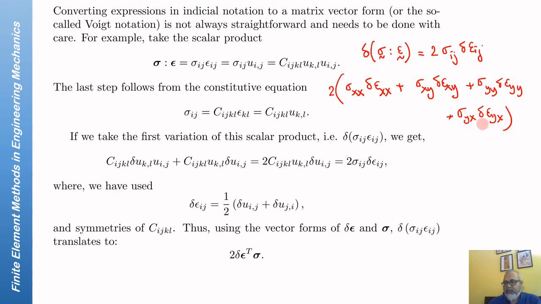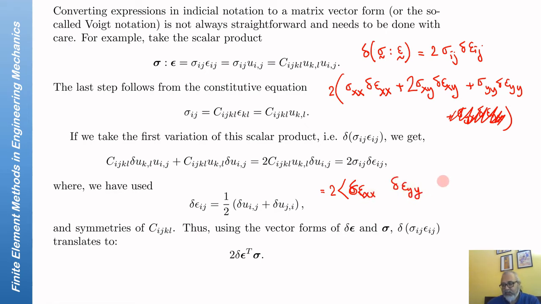Remember, you cannot forget this term. If this is there, this has to be there as well. But these two are equal because these are symmetric, so I put a 2 here. Club the 2 with the strain, not with the stress. So I can get rid of this by putting this 2 here. Now if you look at this, this can be written in terms of our vector notation as 2 times sigma delta epsilon xx, delta epsilon yy.